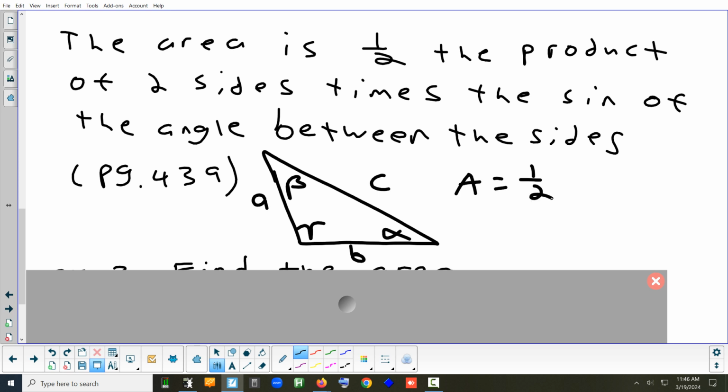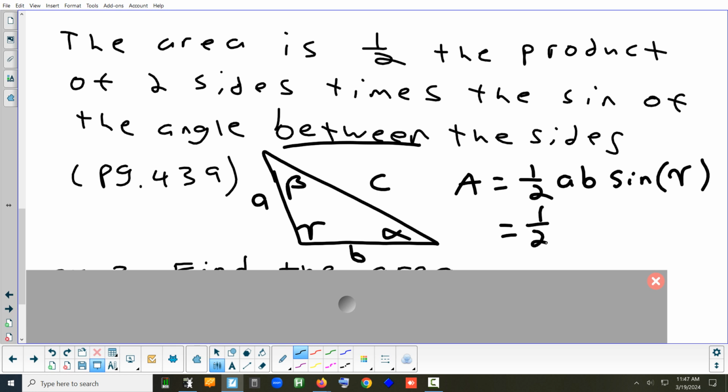Pick 2 of the sides. It doesn't matter, any 2. A and B. Now the next thing matters. 1/2 the product of 2 of the sides times the sine of the angle between those sides. What's the angle between A and B? Gamma. Yep.